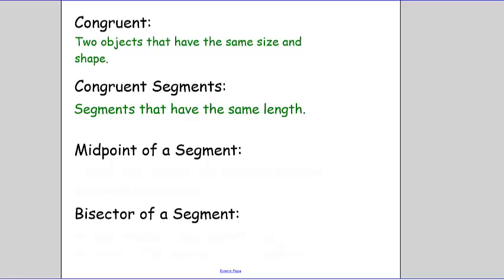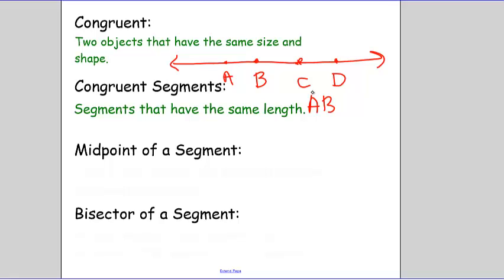Let's talk about how we would mark up our diagram. So if I have a segment, and say that segment AB, and this is the notation for it that I expect you guys to know, is congruent to segment BC, so that means AB is congruent to BC, how we would mark that.